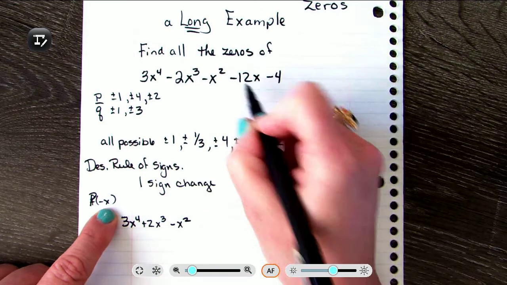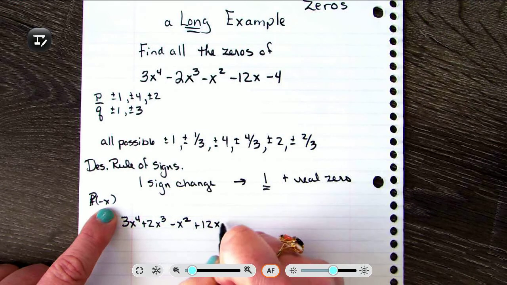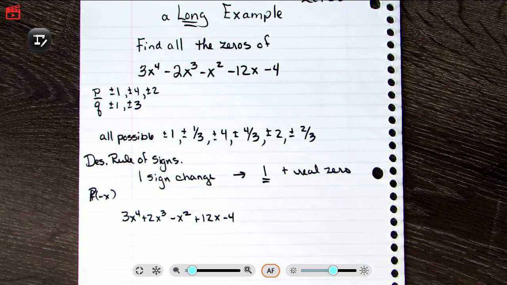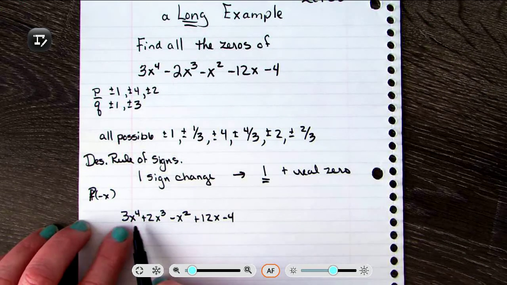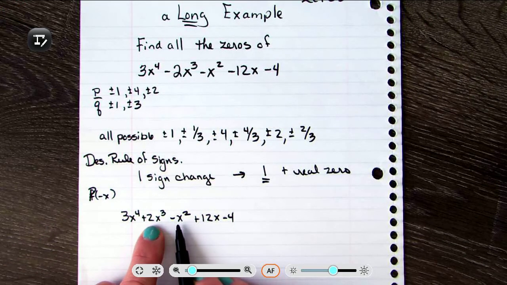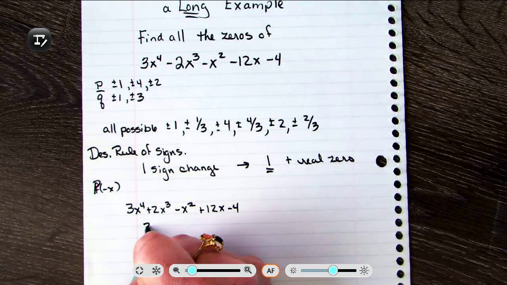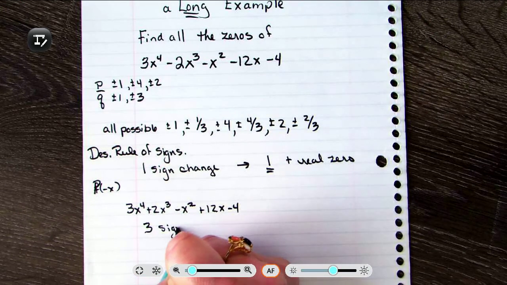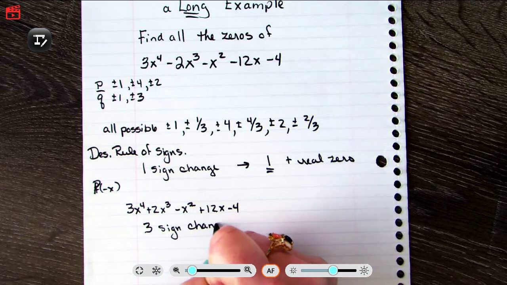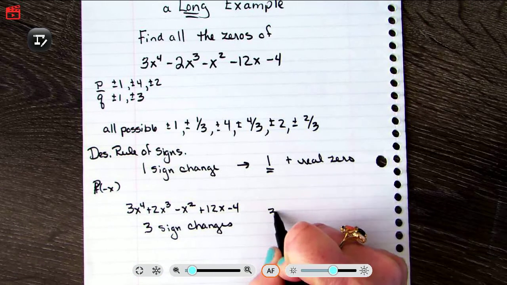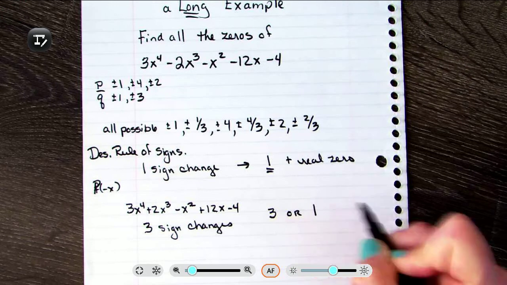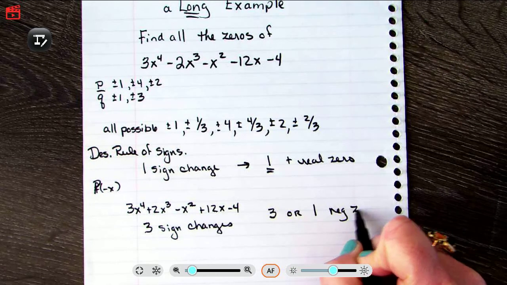The odd exponent changes the sign. Now the number of sign changes I have here: 1, 2, and 3. So we have 3 sign changes, which means we have 3 or 1 negative real zeros.